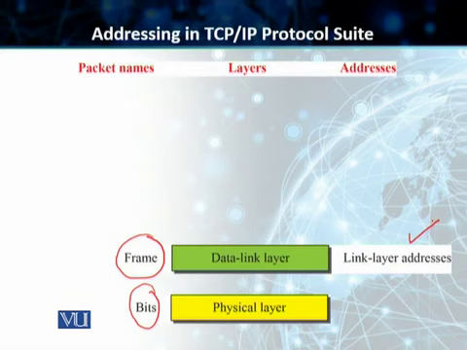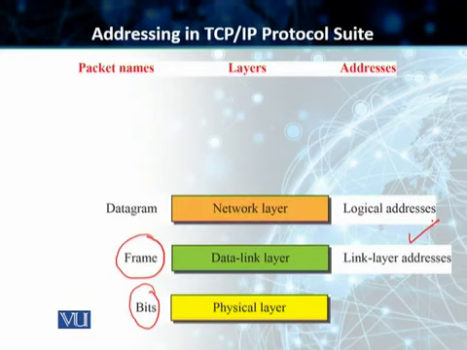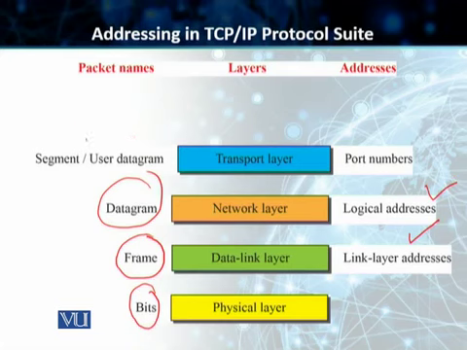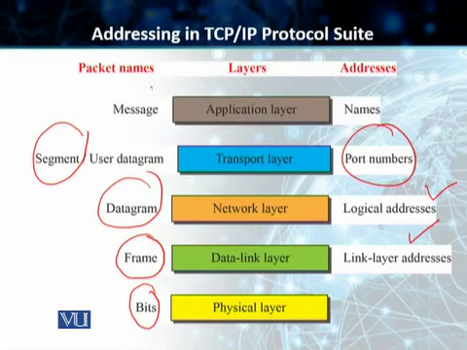Then you have the network layer, where we have the datagram and the logical addresses. Then we have the transport layer, where we call it a segment, and we have the port numbers. And last but not the least, we have a message at the application layer, and names are what we call the addresses that we use. For example, for an email, you have the name at the rate of whatever the server is.